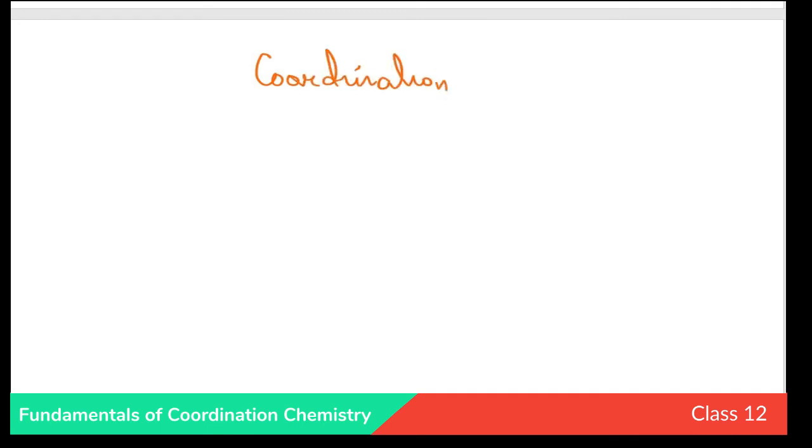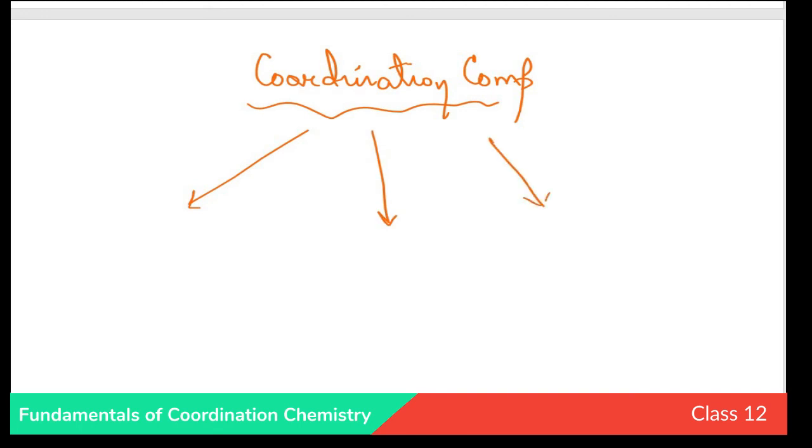What are the classifications? One is cationic compounds. Second is anionic compounds. And the third is neutral compounds.